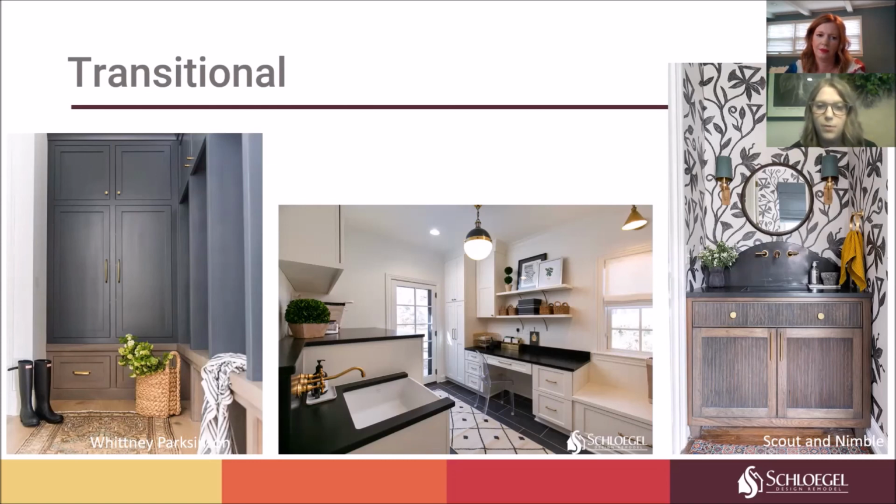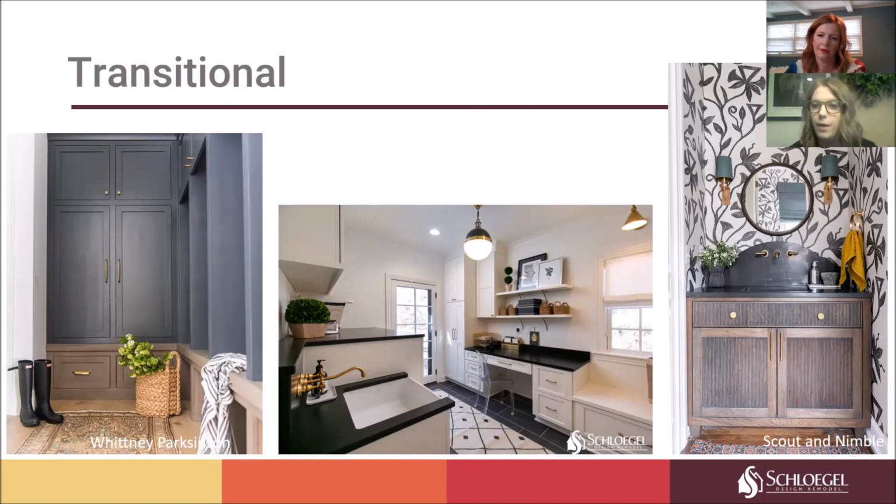And then the middle is a multi-function space where you have an office area mixed with a laundry room area, and just more simple lines, but yet you have the traditional elements with the light fixtures and the faucet hardware at the sink.